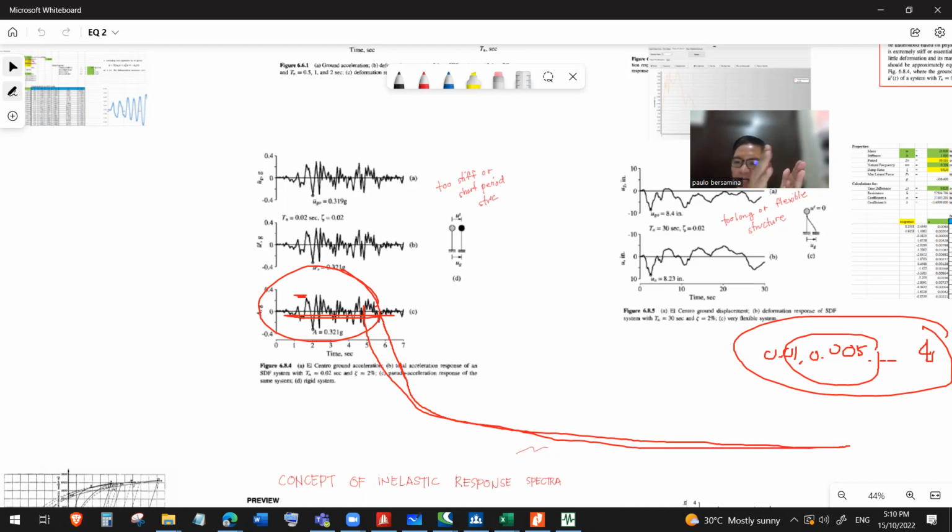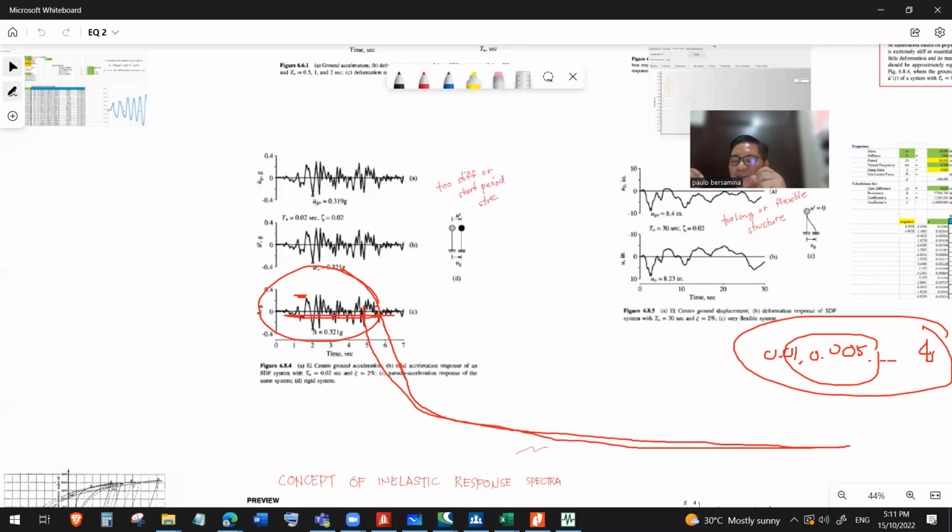So kung meron ka ng established responses ng bawat SDOF structure, say halimbawa ang modes ng 5-story mo 0.5 seconds, 1 second, 2 seconds, something like that. Kukunin mo ngayon yung responses nung 0.5, 1 second, 2 seconds na yon doon sa corresponding earthquake ground motion.